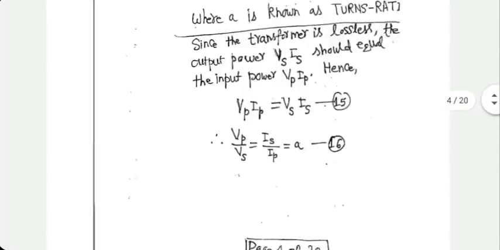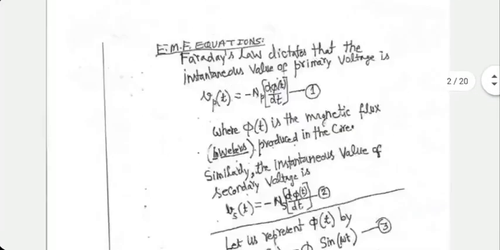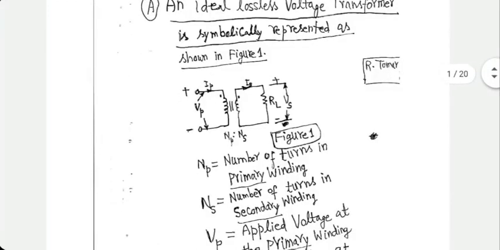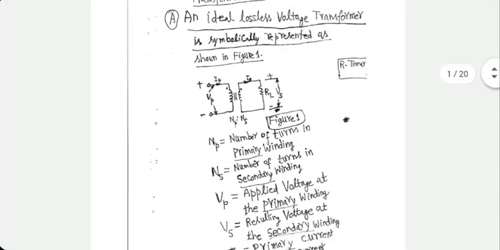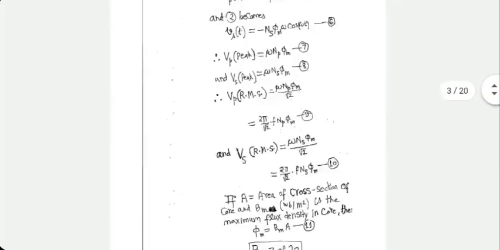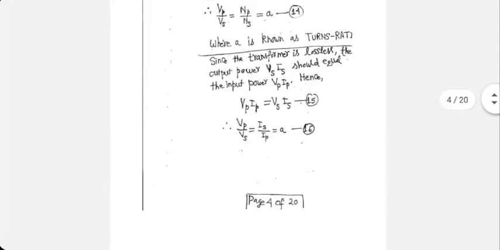This resistance RL connected across the output terminals will be multiplied by the square of the turns ratio when it is measured across the input terminals. This is a very important finding, that transformers actually transform the load resistance also to a different value when that load is seen across the primary terminals.